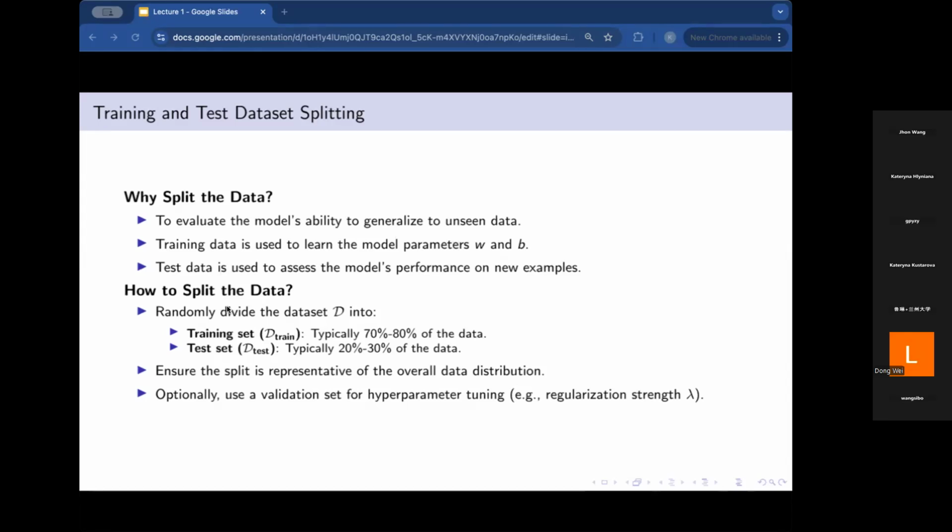It's important to ensure that the split is representative of the overall data distribution, so that both the training and test sets are similar to the actual problem. And optionally, we may also use a validation set, which is an additional split to tune hyperparameters like regularization strength, denoted by lambda.